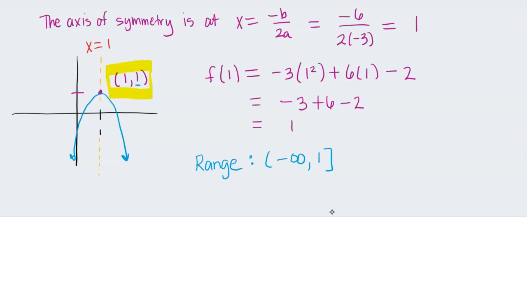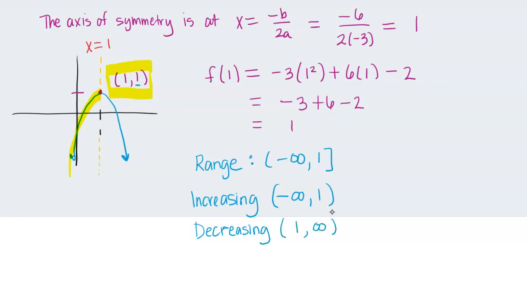So for this graph, it will be increasing from -infinity to 1, and I'm meaning that the graph is increasing all the way until we get to here, and then it will switch to be decreasing from 1 to +infinity. And I'm looking at the graph going down from here.